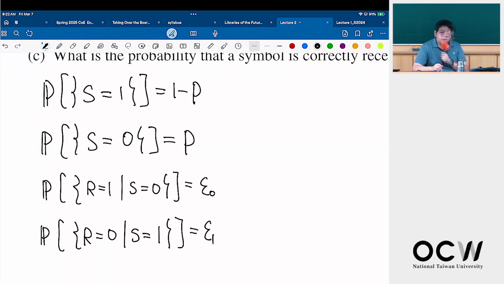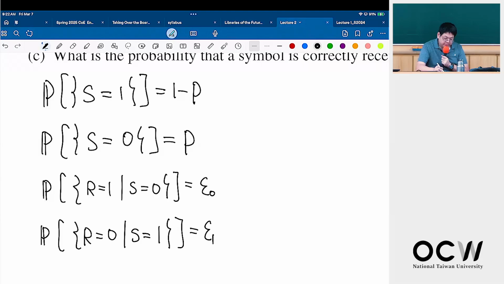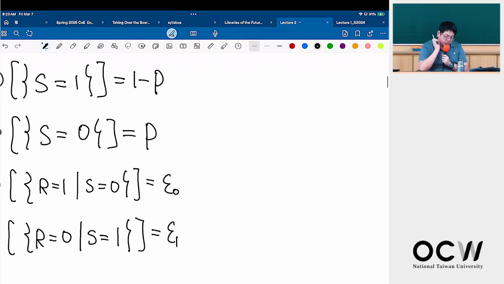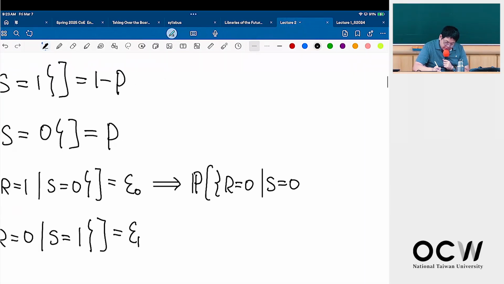From the axiom of the probability, we know this also implies the probability I receive 0 given the source I sent is 0.